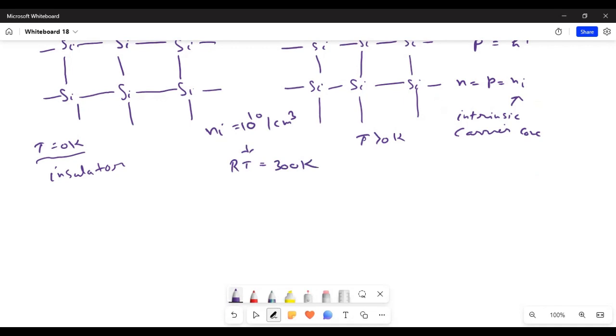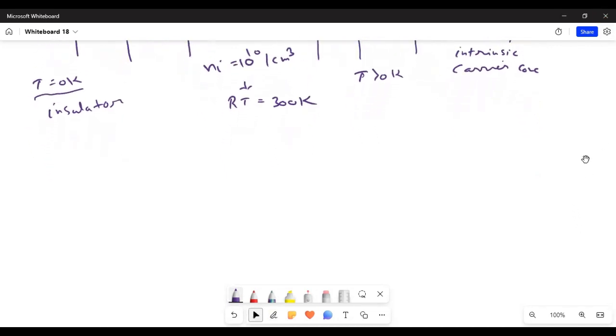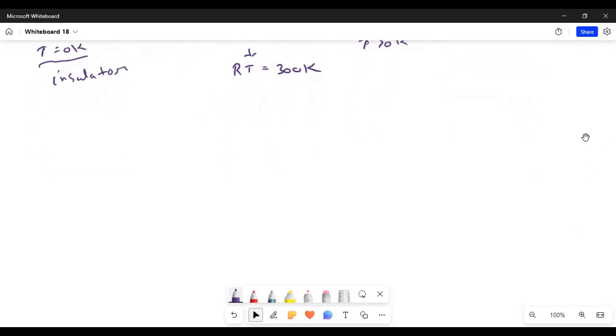But what if we want more than that? This we can do by doping our silicon with an external element, and they are called doped semiconductors. Suppose we dope our semiconductor with a pentavalent atom such as phosphorus.